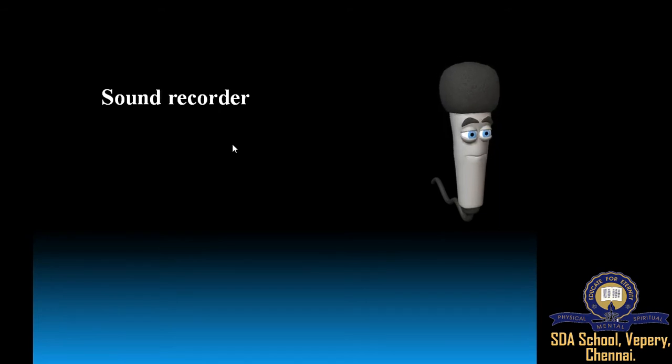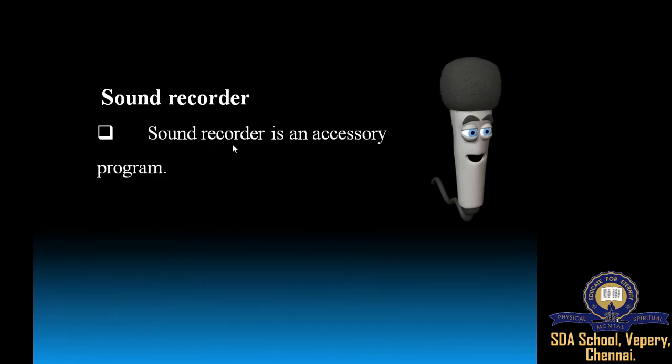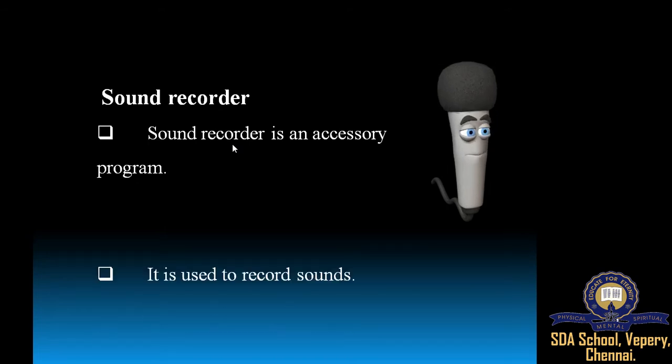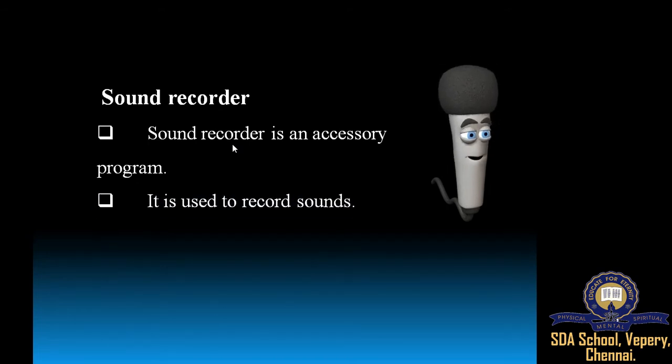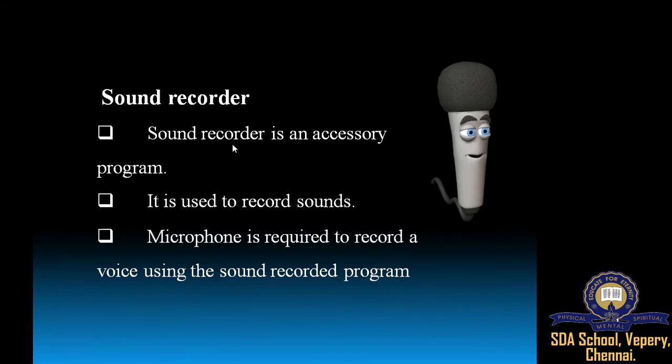Sound recorder is an accessory program. It is one of the accessory programs and it is used to record sounds. A microphone is required to record a voice using the sound recorder program.